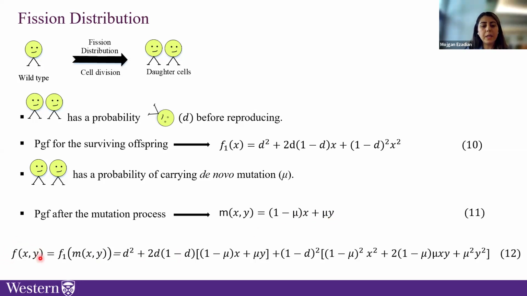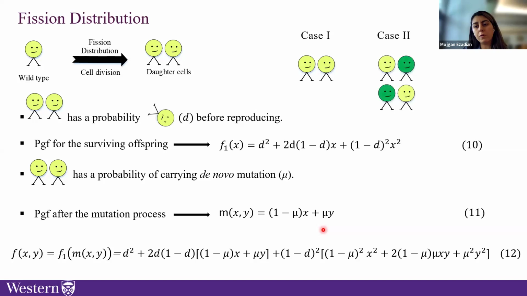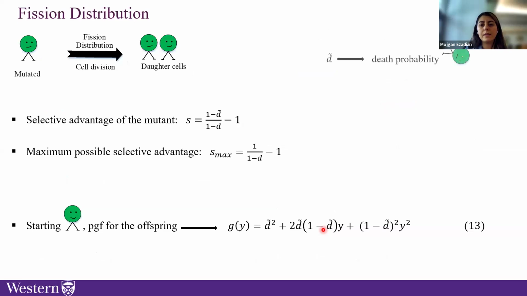So by composition of F1 and M, we will get the PGF for all surviving individuals, both wild type and mutated. When both of them survive, we have three cases: both of them are wild type, one of them is mutated and the other is wild type, or both of them are mutated. So let's detail that d tilde is the death probability of the mutated individual.